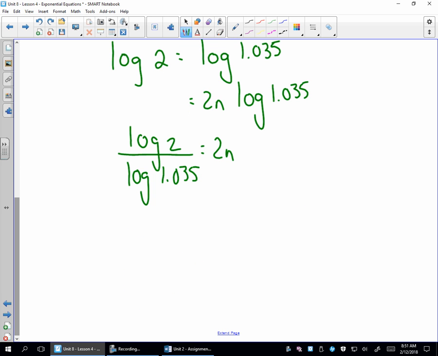Into our calculator we go, and you should get 20.1488, and that's 2n. So n divided by 2 is approximately 10.07 years. Okay? That's one of the things we couldn't really solve for compound interest before, is the length of time. Well, we can now, using a logarithm. Okay? It's a nice, good application of that.